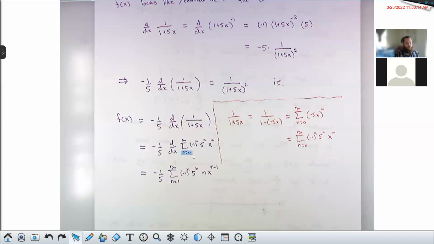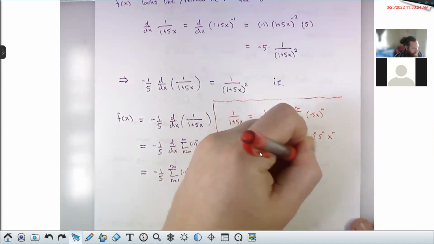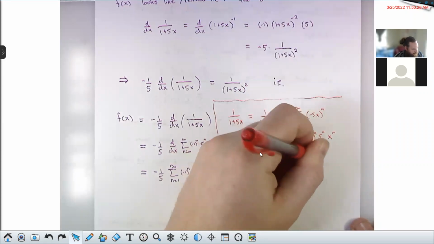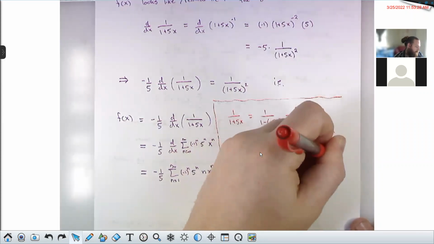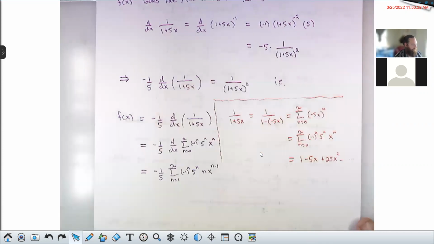Remember, this n equals 0 jumps up to an n equals 1 when we differentiate through a series that begins with a constant term. If I write out the first few terms here, this is 1 minus 5x plus 25x squared minus and so on. So that very first term is constant. And that's what tells me when I differentiate, I have to bump this n equals 0 up to n equals 1.